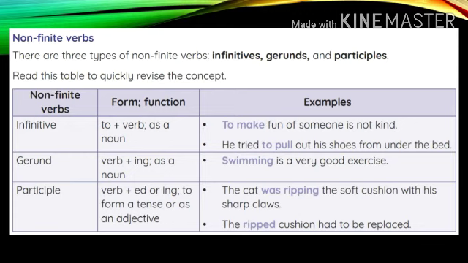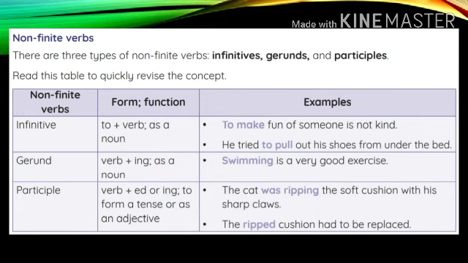Then participle: verb plus ed or ing to form a tense or as an adjective. The cat was ripping the soft cushion with his sharp claws. The ripped cushion had to be replaced. So here we see verbs with to, ing, and ed added in order to make those verbs nouns or adjectives.